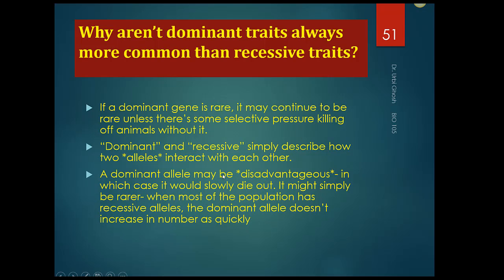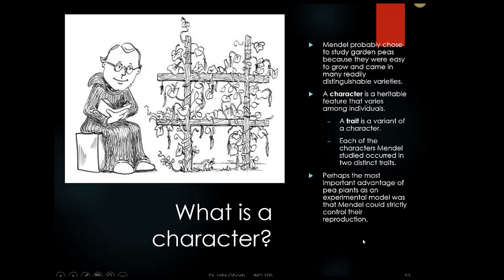So a dominant allele may be disadvantageous, in which case it would slowly die out. It might simply be rare, with most of the population having recessive alleles, so the dominant allele doesn't increase in number as quickly. So, things to remember about dominance versus recessive.